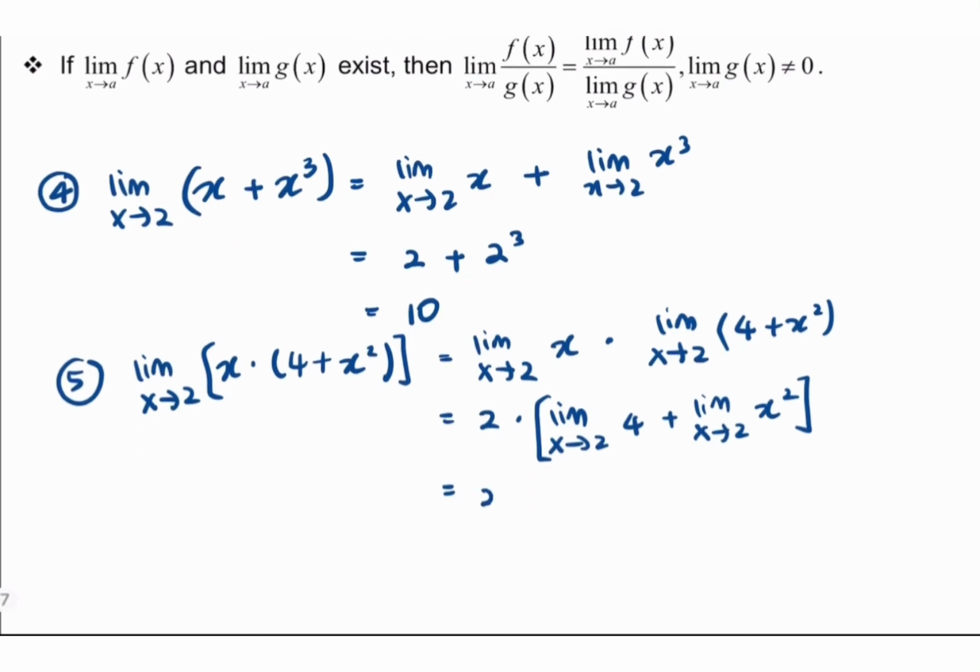So sini akan jadi 2 times this one, sebab dia constant kan. So sini limit constant as x approaching to 2, saya akan dapat balik constant tu. So dia akan jadi 4 tambah sini limit x squared as x approaching to 2. So 2 ni boleh masuk ke dalam ini. So dia akan jadi 2 squared. So 4 plus 2 squared, which is 4 plus 4, which is 8. 8 times 2 adalah 16.